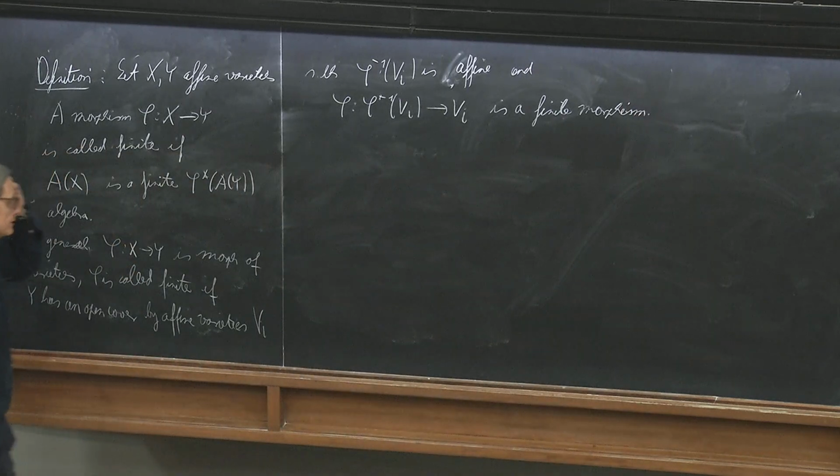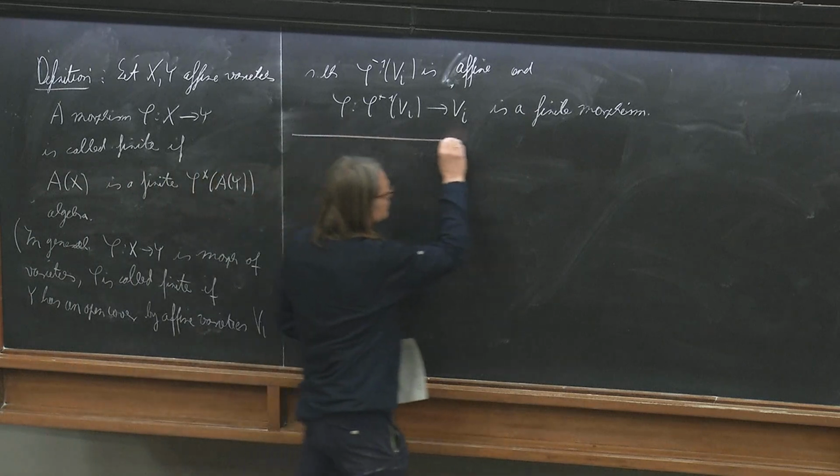So, in some sense, we will only be interested in this. We only need it for affine varieties. The general notion is that you reduce it to that by taking affine covers, but we will not use that.